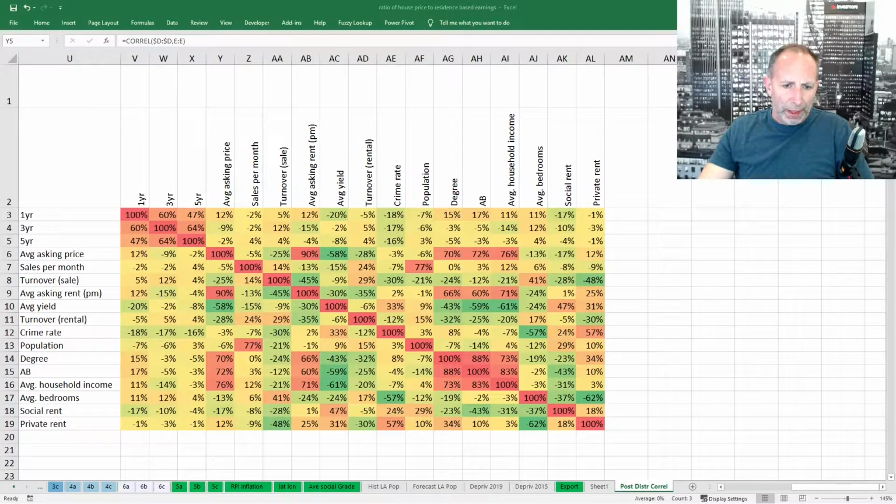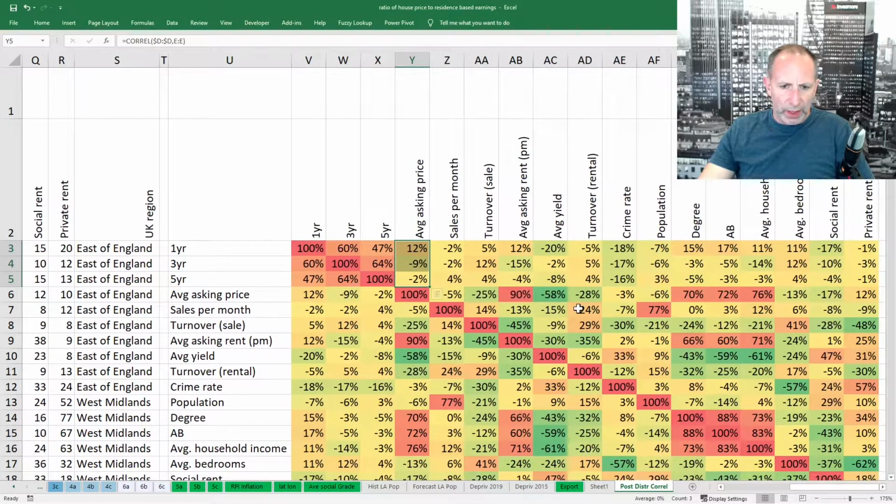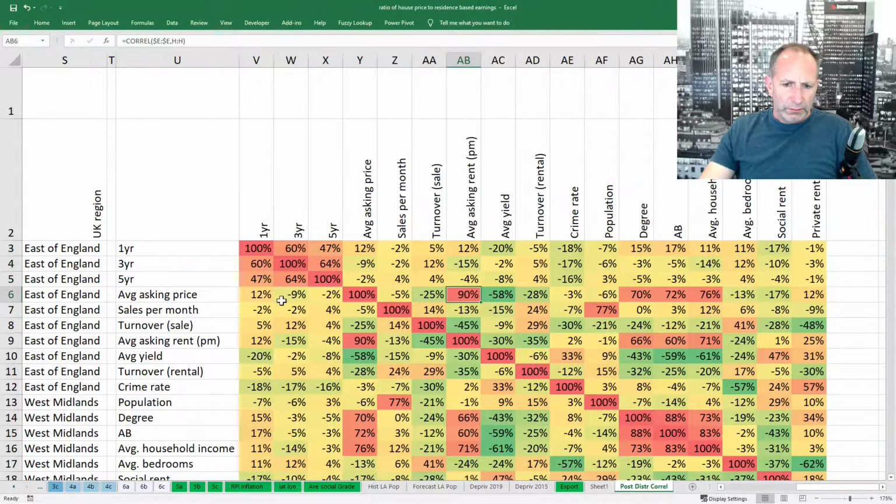Moving on, sales per month. Again, that's quite interesting in that there isn't really a massively strong correlation between sales per month and capital growth. So areas where there's a lot of growth, you'd kind of think that property would turn over much, much faster, but that doesn't seem to be the case.